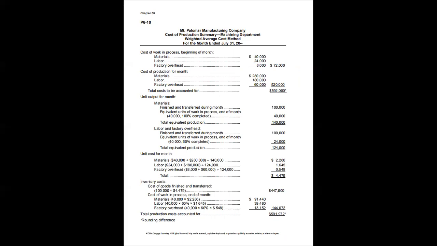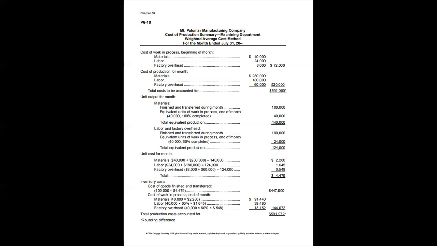Its manufacturing operation is carried in two departments, machining and finishing. The machining department uses the weighted average cost method, and the finishing department uses the FIFO cost method. Materials are added in both departments at the beginning of operations, but the added materials do not increase the number of units being processed.